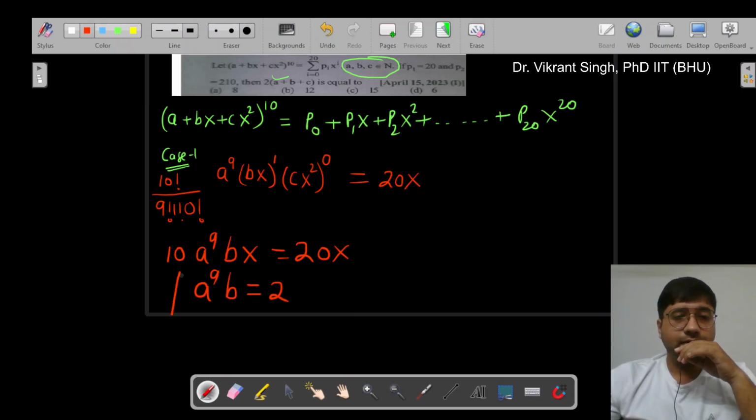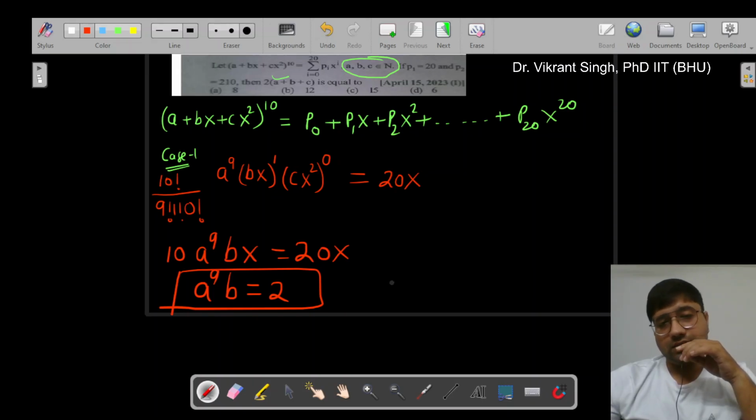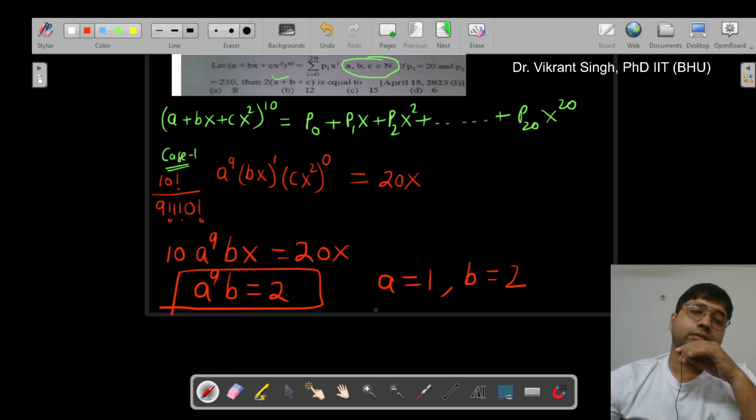Simple. And we know that a, b, c are natural numbers, so the only possibility is that a must be equal to 1 and b is equal to 2. So we get the values a equal to 1 and b equal to 2 by only using this equation, because the numbers are natural numbers.